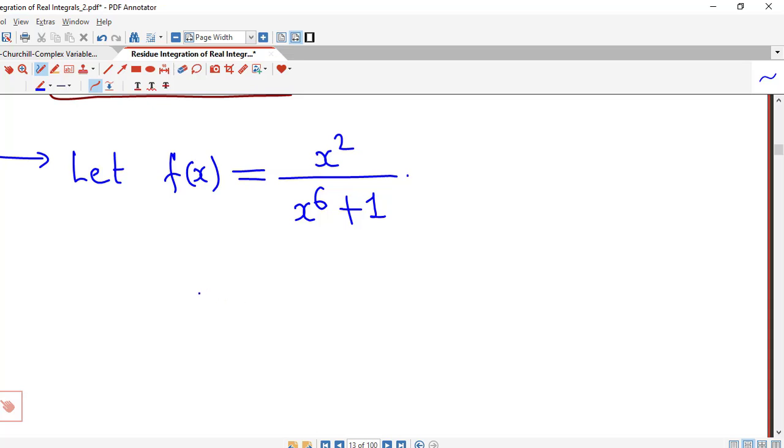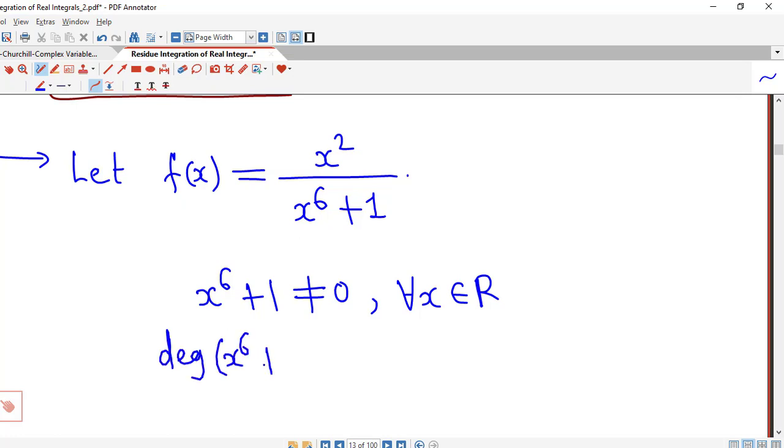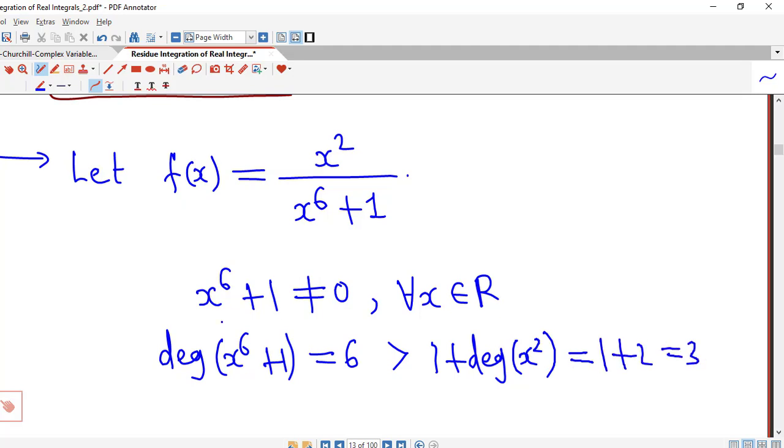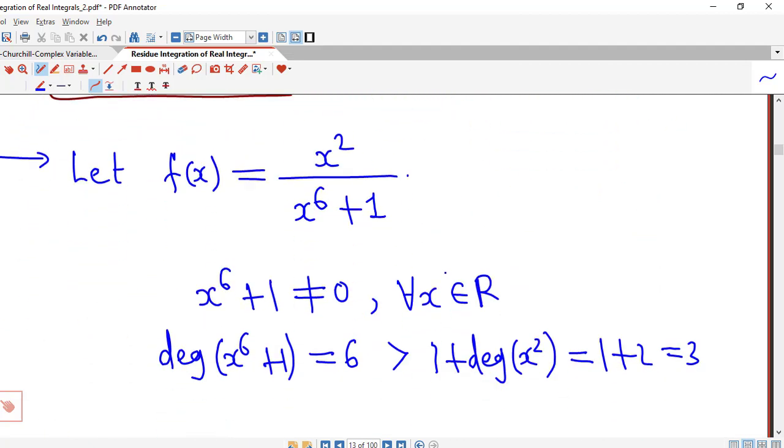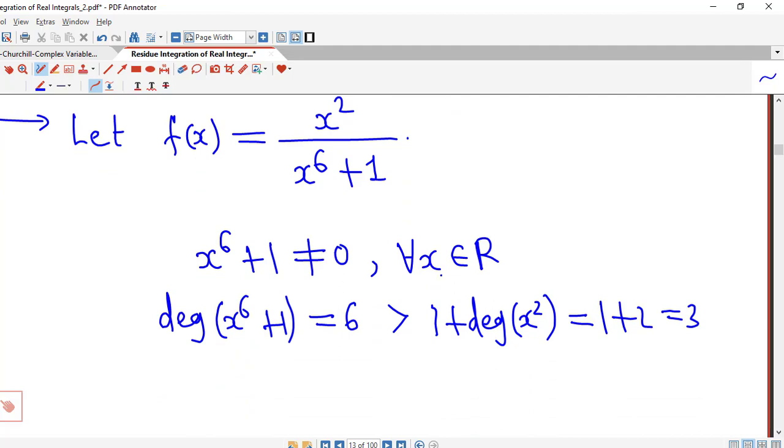It is clear that x raised to 6 plus 1 is non-zero for every x on the real axis, and the degree of x raised to 6 plus 1 is 6, which is strictly greater than 1 plus the degree of the numerator x square, which is 2. So these two conditions are satisfied here: q(x) is non-zero for every x belonging to R, and the degree of q is strictly greater than 1 plus the degree of p. So we can apply Cauchy's residue theorem.